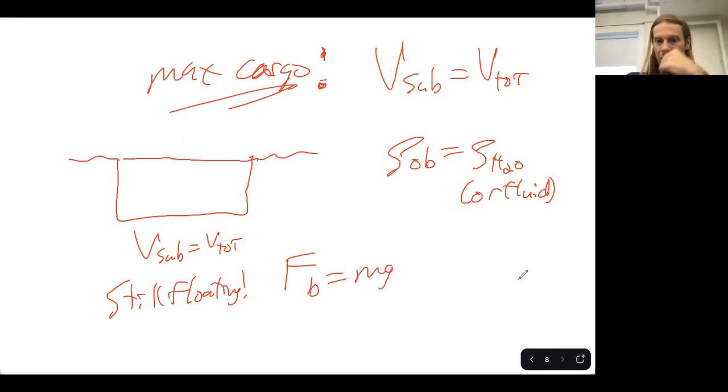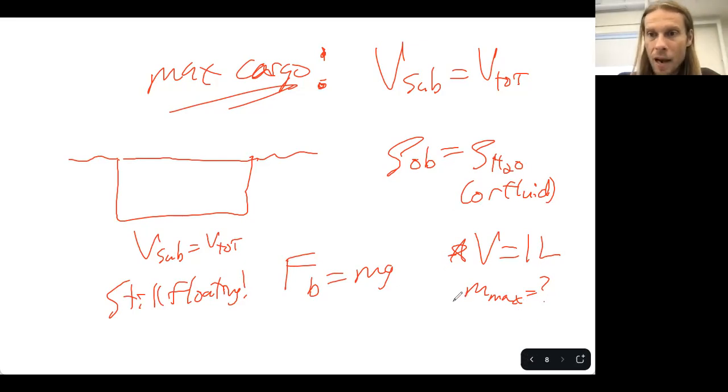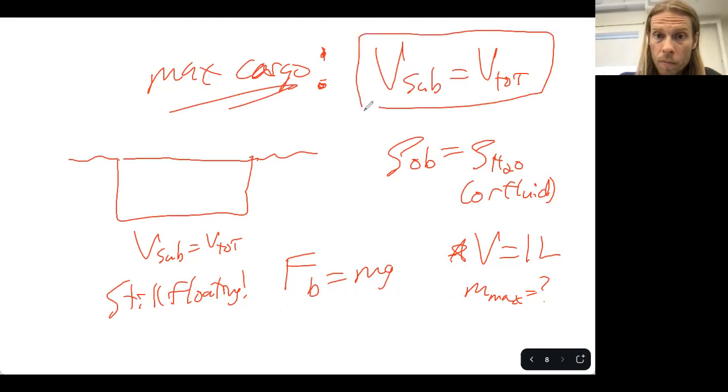So if I wanted to say, okay, example, I still have my volume equals 1 liter bottle. What's the maximum mass it can have before sinking? Well, the maximum mass it can have before sinking is when FB equals mg and V sub equals V total. Because then it looks like this. So draw a picture, it looks like this.